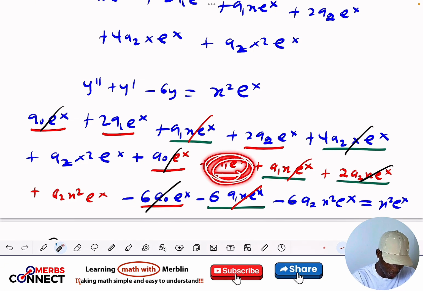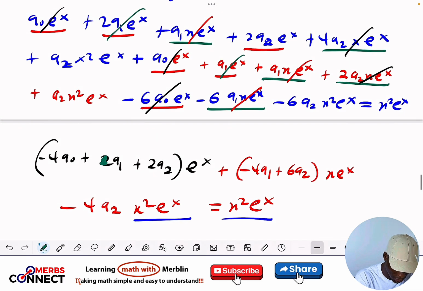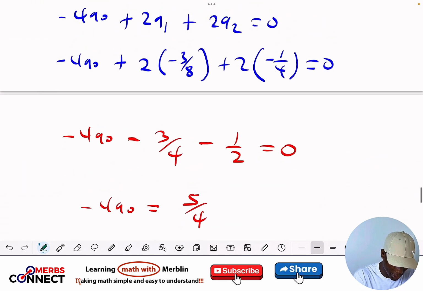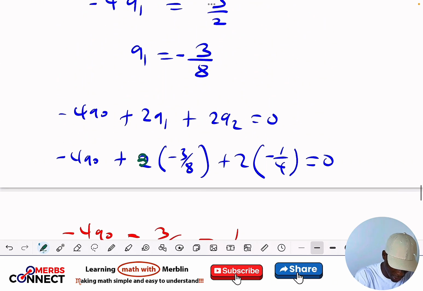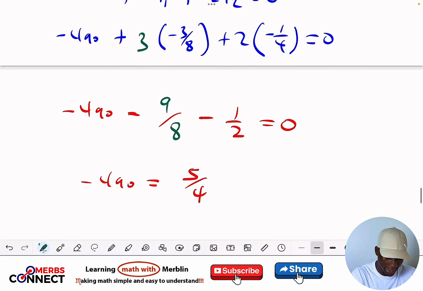So the one with a1 should be 3. Yes, should be 3. So this is going to be 9 divided by 8. Good, indeed. 9 divided by 8.